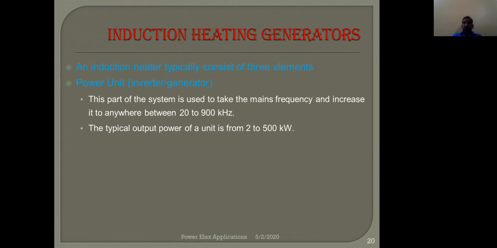The induction heating currents are very high because this is a high power application, and power output is up to 400 kilowatts. Remember, to heat a metal piece which has melting points around 3000 plus degrees centigrade, heating it up to the core needs a lot of power.